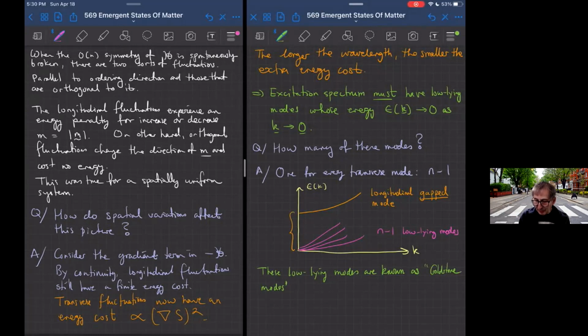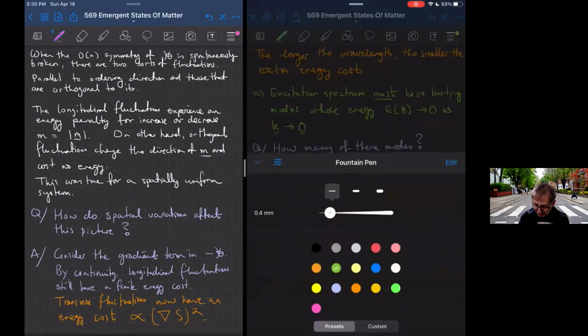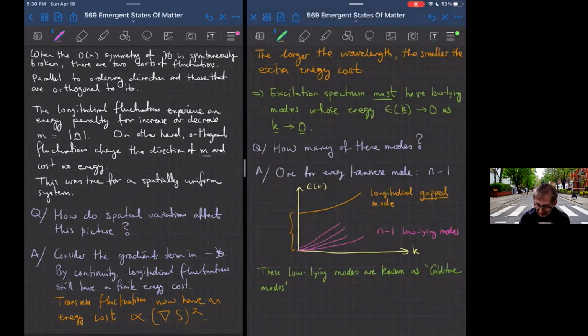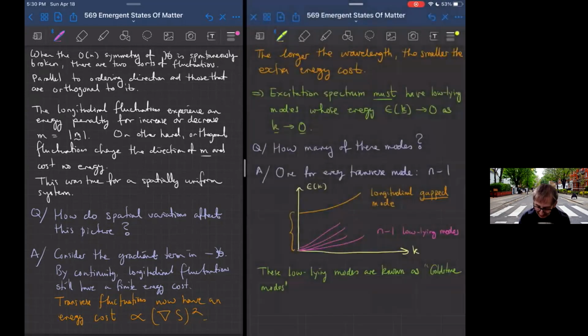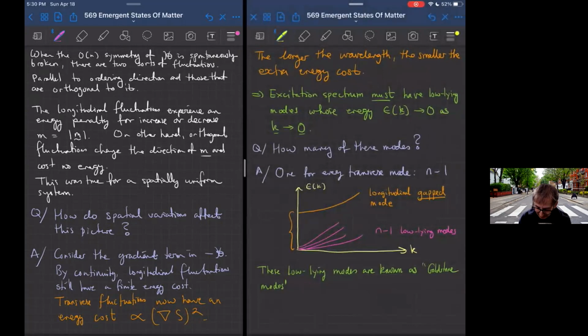Okay, so one of the things I want to make sure you understand is that there's a very important aspect of these modes that is frequently misunderstood, and that is that not every low-lying mode, meaning a mode that goes to 0 as k goes to 0, is a Goldstone mode.